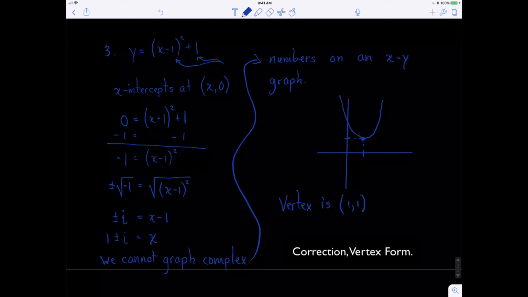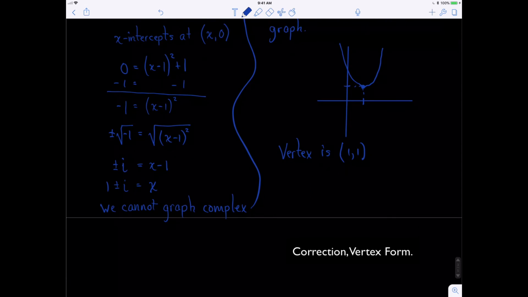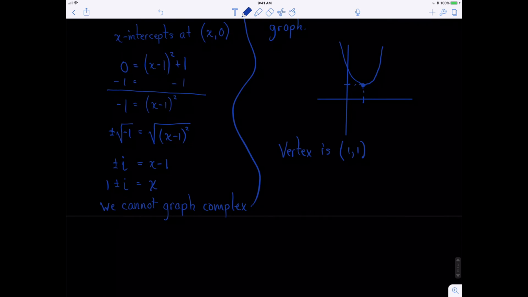So what the math is telling us is that it doesn't even cross the x-axis. That's the mathematical way of telling us that the parabola does not cross the x-axis. And so that's all you can ask.